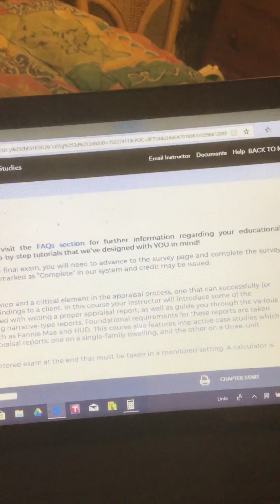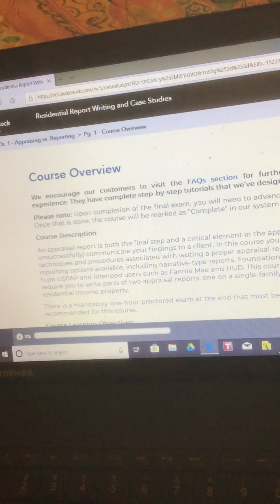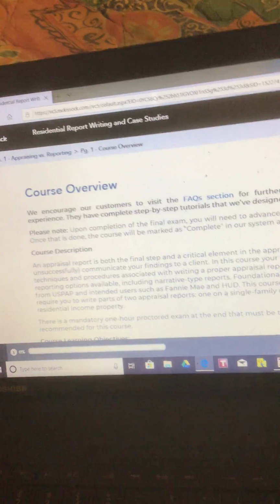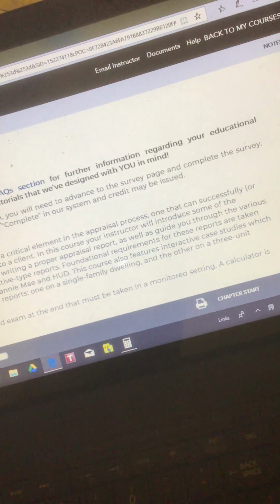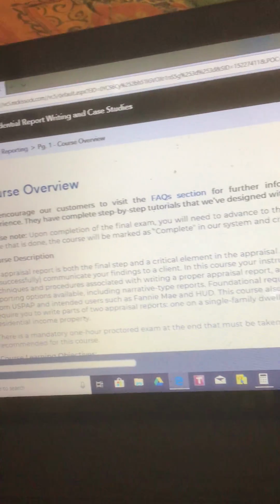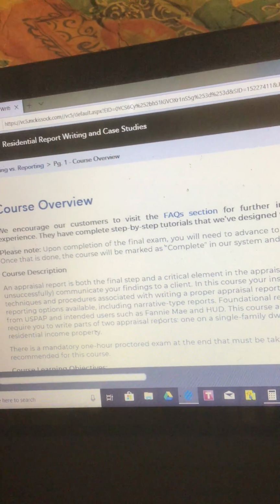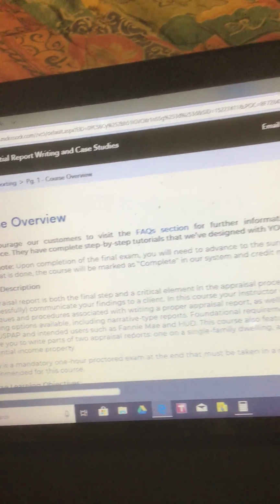In this course, your instructor will introduce you to some of the techniques and procedures associated with writing a proper appraisal report, as well as guide you through the various reporting options available, including narrative type reports.